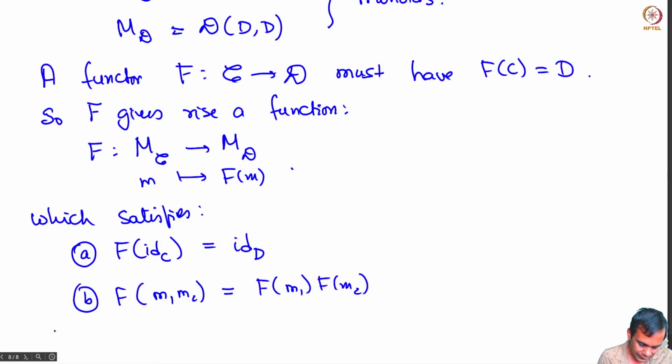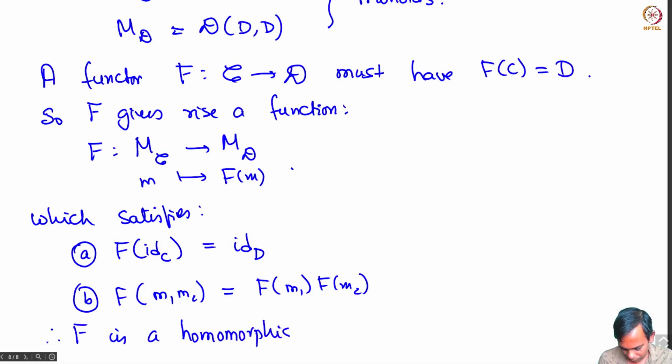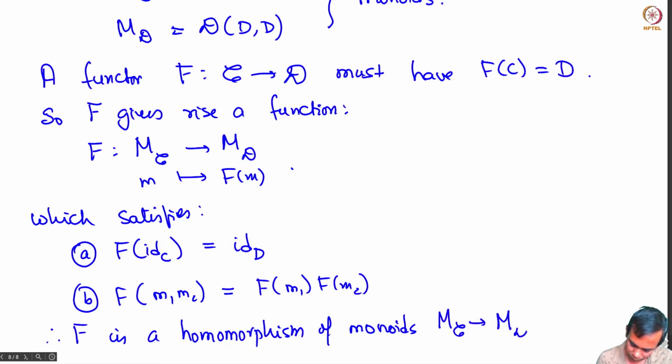So what we are saying is that F is a monoid homomorphism. So functors between single object categories are homomorphisms of the corresponding monoids. If these monoids were actually groups, then they would be group homomorphisms.